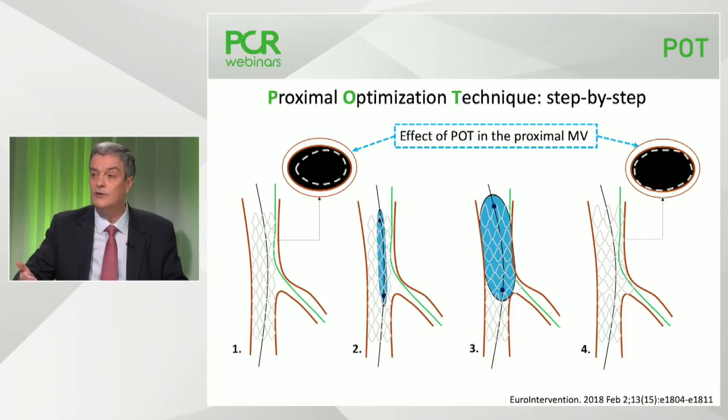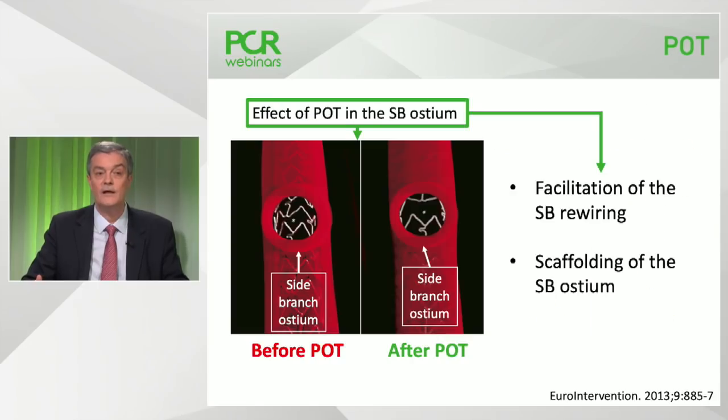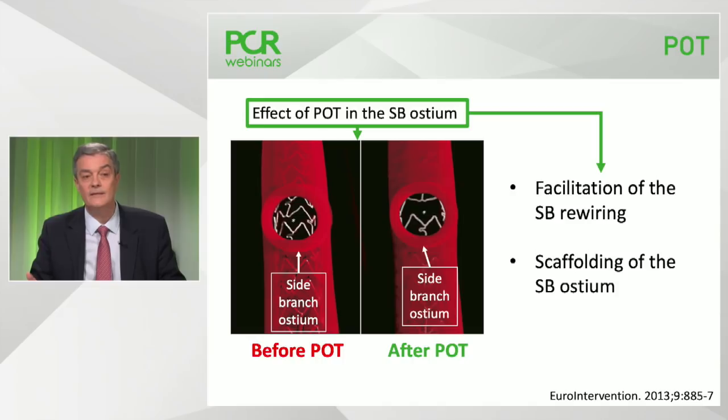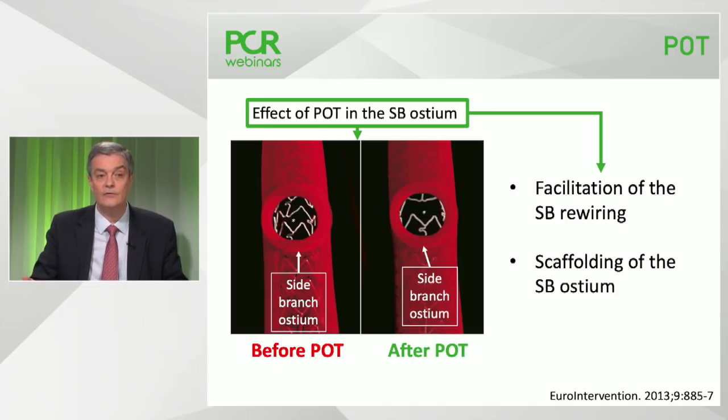At this stage, if you want, you can perform imaging and evaluate, especially with OCT, the amount of malapposition, and then select a further size of balloon or higher pressure necessary to correct. And this is the effect from inside, of course, from bench testing. You see in the left-hand panel, before POT, you have multiple metallic struts in front of the ostium of the side branch.